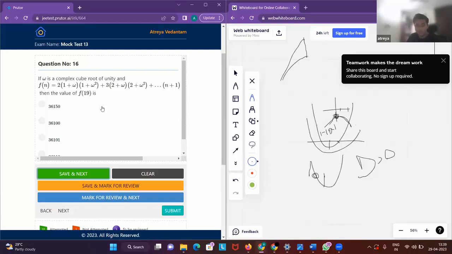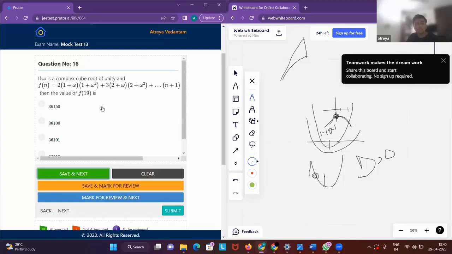So the series is going to build up like 2 plus 3 into 3 plus 4 into 7 plus and so on. What is the general term? Well, the general term is (n + 1) times (n^2 - n + 1), because n^2 is a product, but the n will disappear because of the omega and omega squared, plus 1.